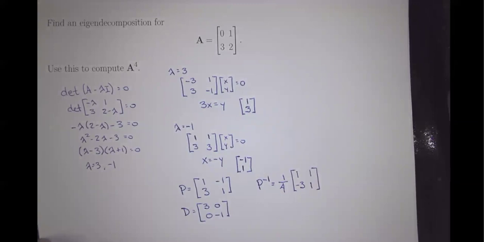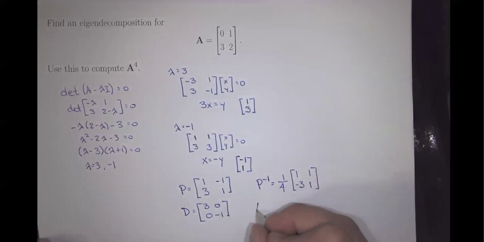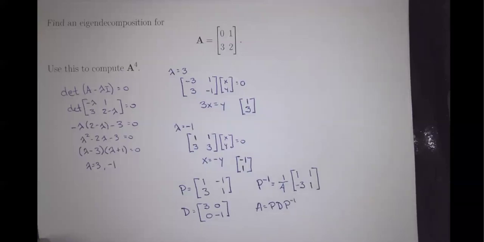Okay, and so A is equal to P D P inverse, and we can double check that. So that's the eigendecomposition for A.